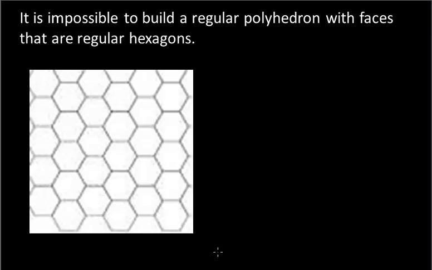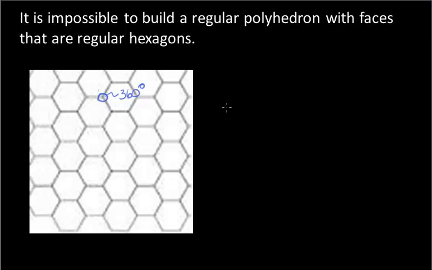And now how about hexagons? Well, notice if we join hexagons, 3 of them, each of these angles is 120. So we have a total of 360 degrees at each vertex. So we are not getting 3D. In fact, we could tile a floor with hexagons, but we can't join them to make a 3D polyhedron or regular polyhedron.